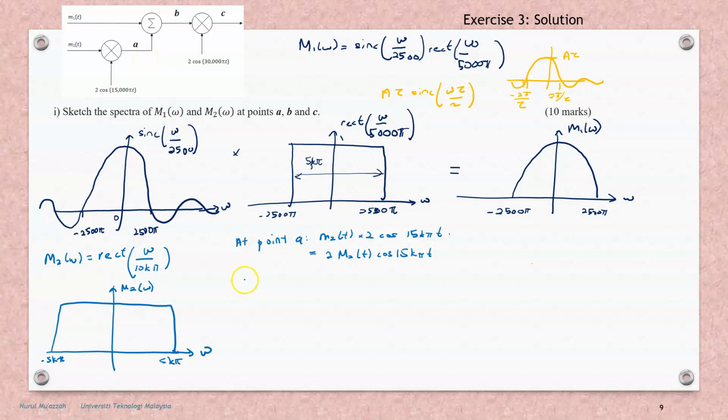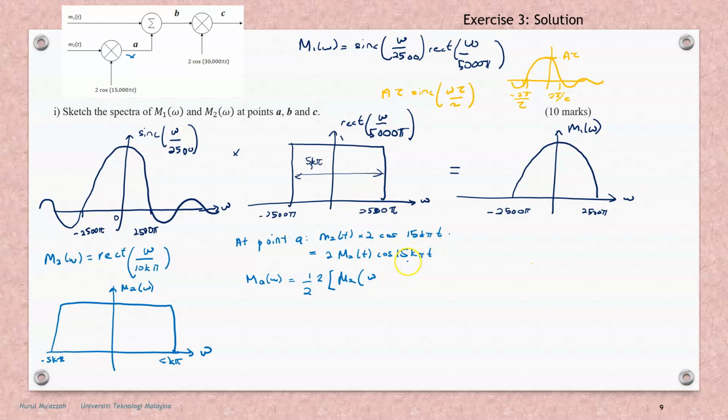So using modulation, MA omega, which is the spectrum of M2 after being modulated at point A, is equal to, using the modulation properties, 1 over 2, and then this is 2 here, M2 of omega plus omega naught.